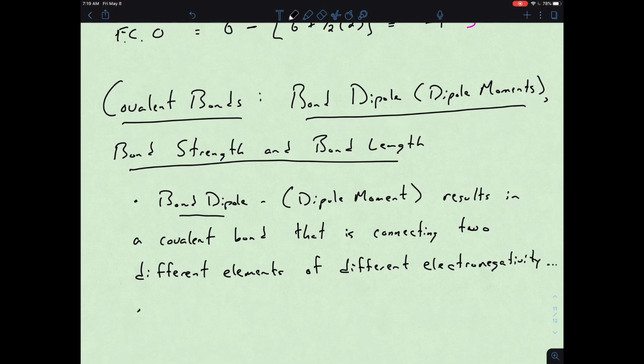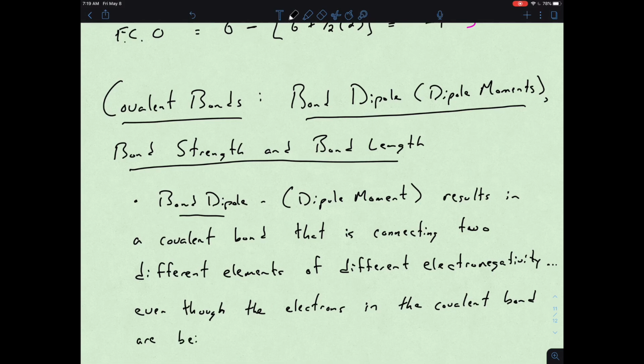Right, so even though the electrons in the covalent bond are being shared, they are not being shared equally.